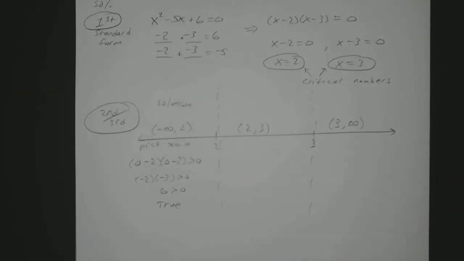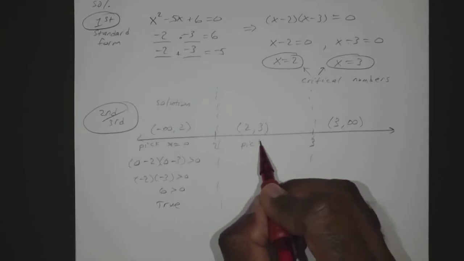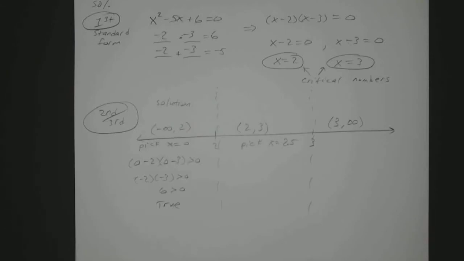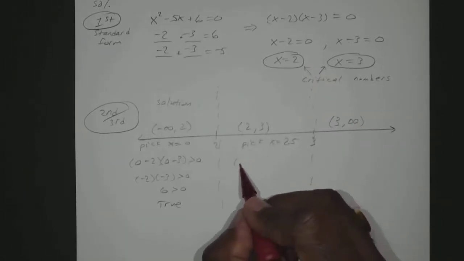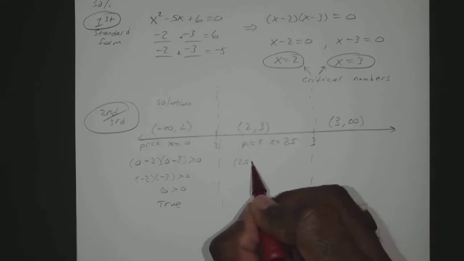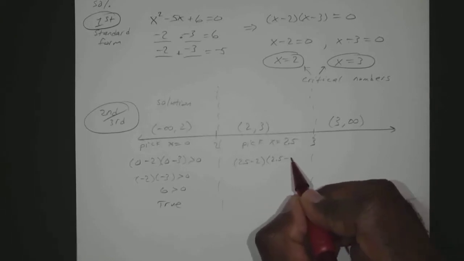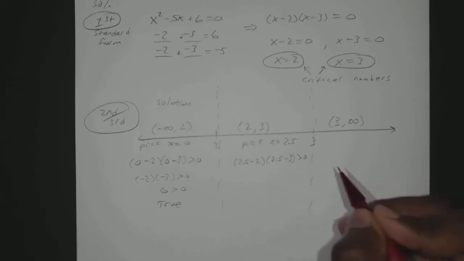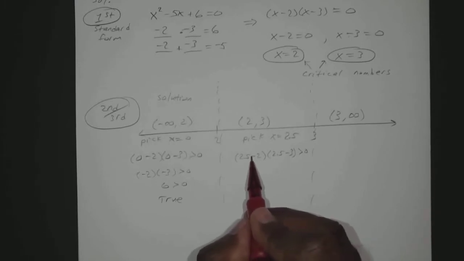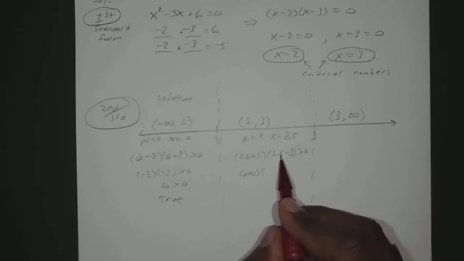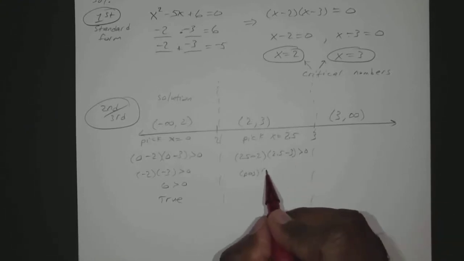Okay, so between 2 and 3, you can pick x equals 2.5. And this is where not having to actually solve it comes in handy, because you just want to find out if it's positive or negative, if it's greater than 0, if it's less than 0. So if you have 2.5 minus 2 times 2.5 minus 3 is greater than 0, 2.5 minus 2 is going to be positive. 2.5 minus 3 is going to be negative.